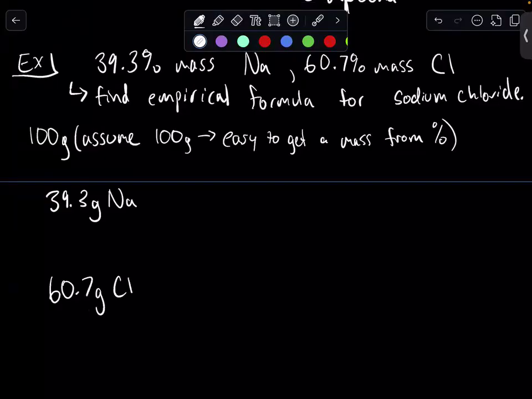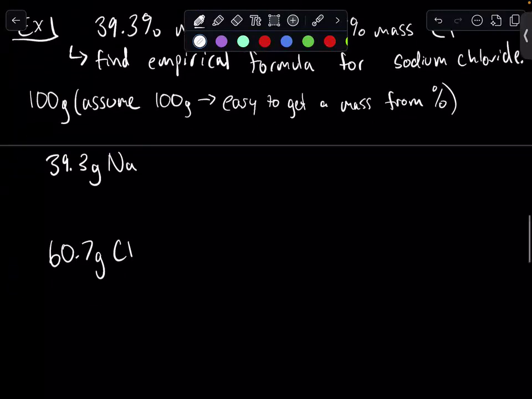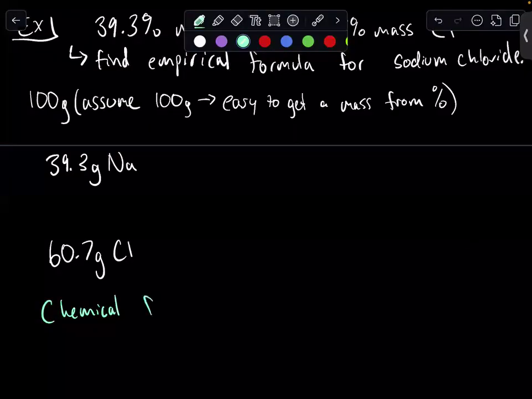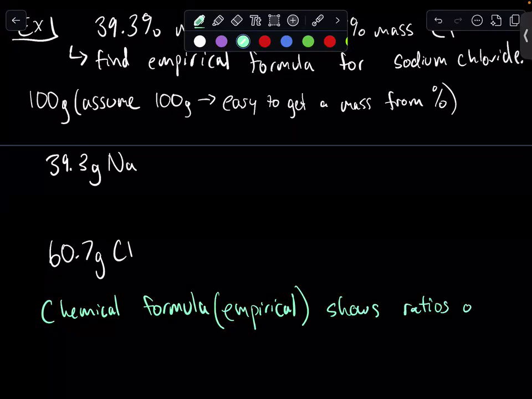Furthermore, once we have this, we have to figure out, well, what does an actual chemical formula represent? A chemical formula, in this case empirical, shows ratios of atoms.